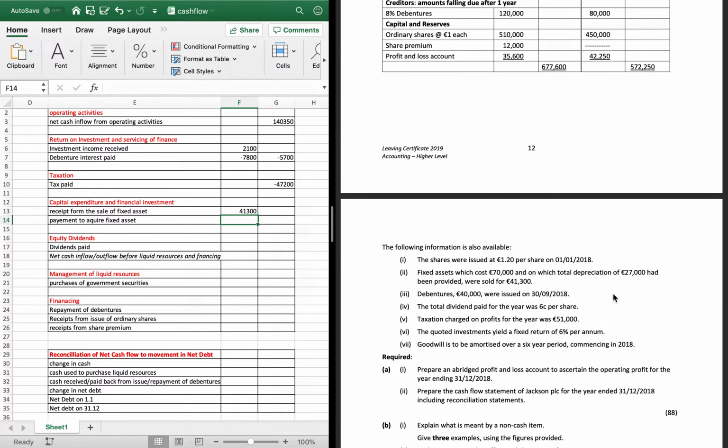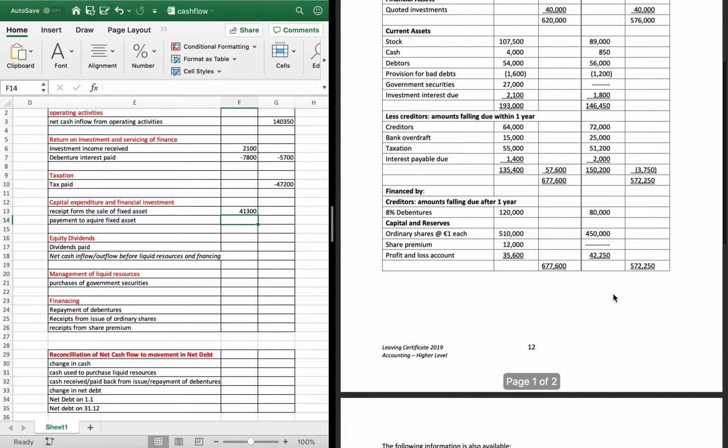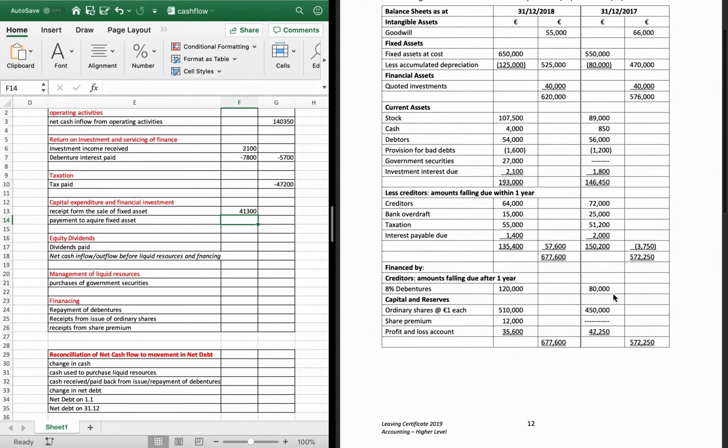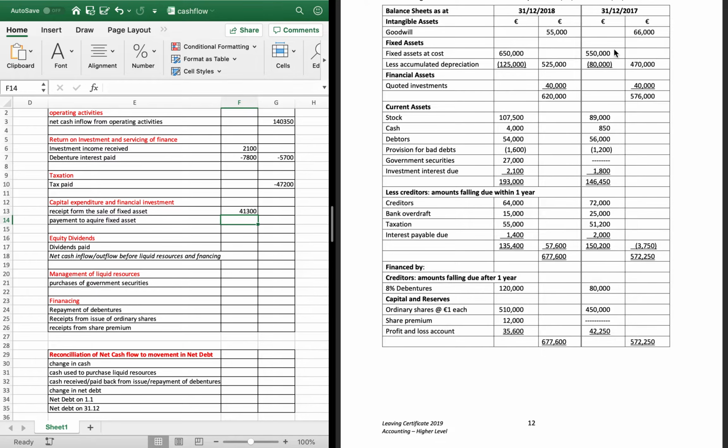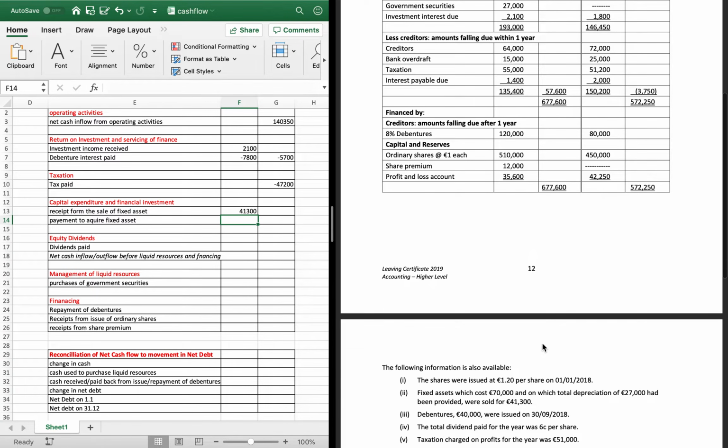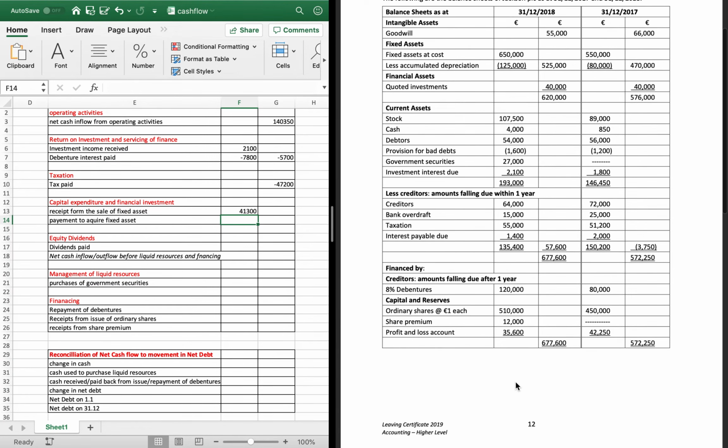The payment to acquire fixed assets. If we then look at our fixed assets, remember what I said with this 550. On your question, you will have changed that down to 480. If this is now 480 and this is 650, well, then you must have bought fixed assets. You can already see if fixed assets have gone up, you must have bought fixed assets.